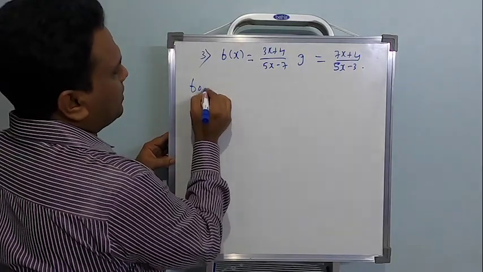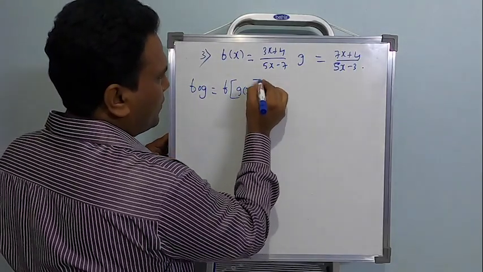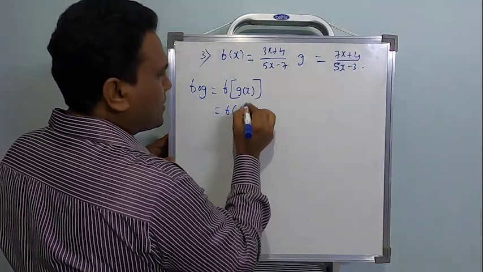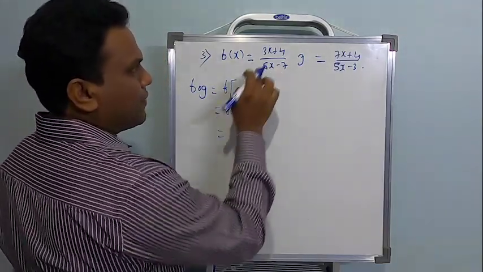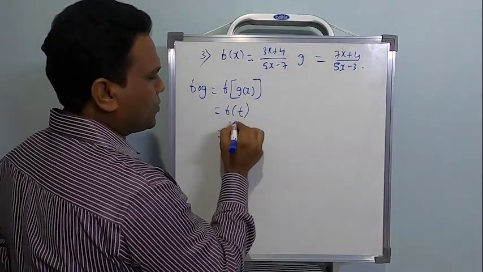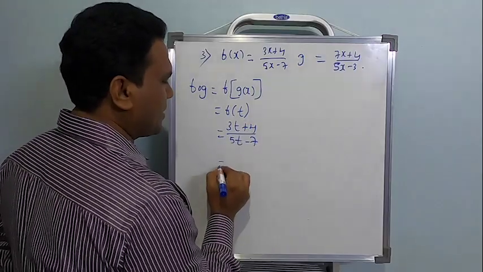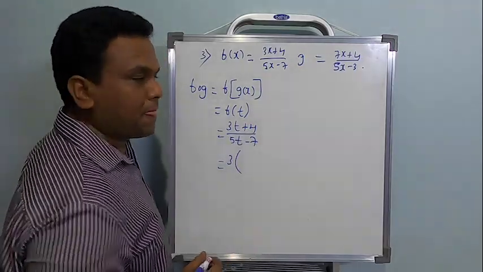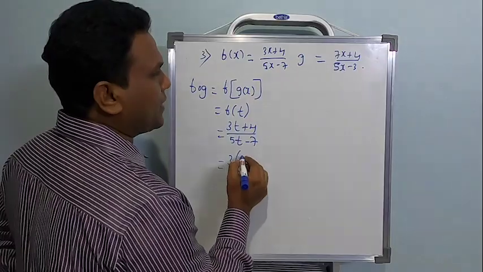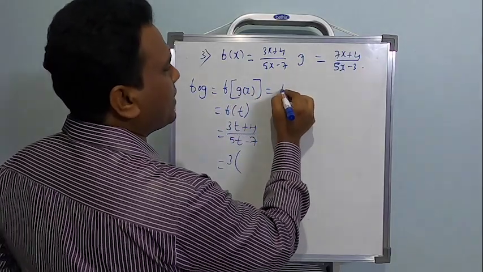So let me consider f of g. f of g of x, let me call it t. If f of x is this, f of t, I just need to replace x with t. So 3t plus 4 by 5t minus 7. Now, what's the value of t? I named this one as t, I didn't substitute the value of t here.